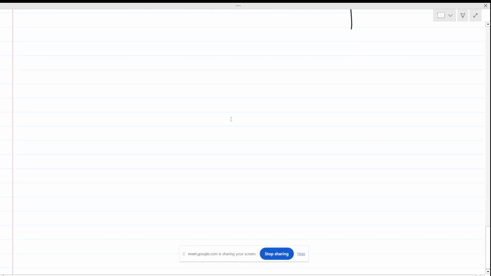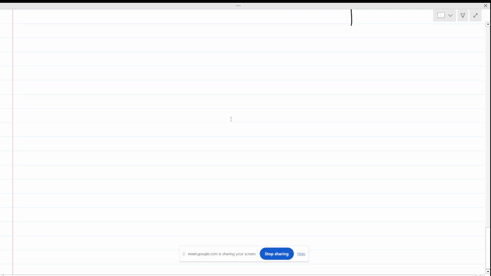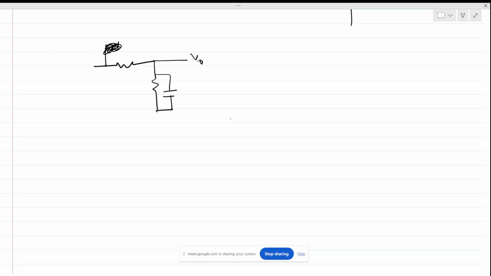Now let's make another, very interesting circuit. Previously we had this first circuit, right?